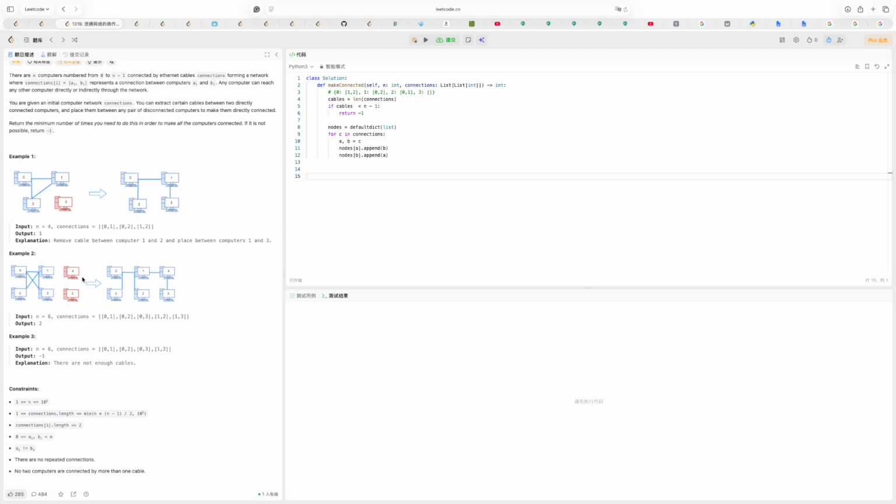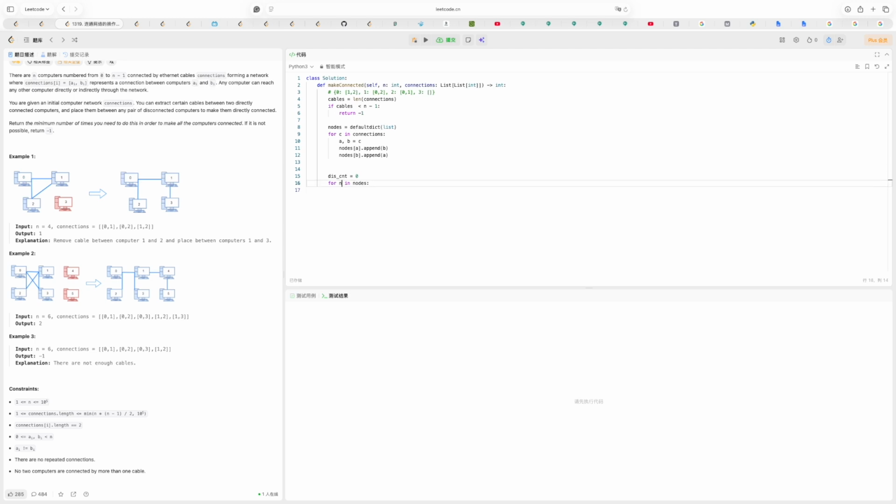So disconnected count equals 0. So for node in nodes, I forgot.